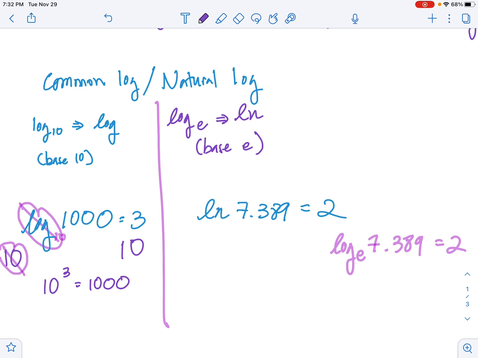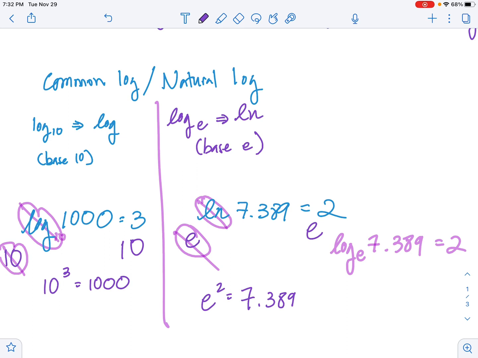From here, I know that I need to apply an exponential with the same base as ln. Since I know ln is a log base e, I'm going to apply e to both sides. The e and the ln cancel out, and you're left with e to the power of 2 equals 7.389.